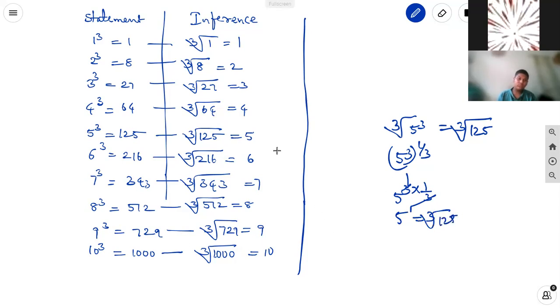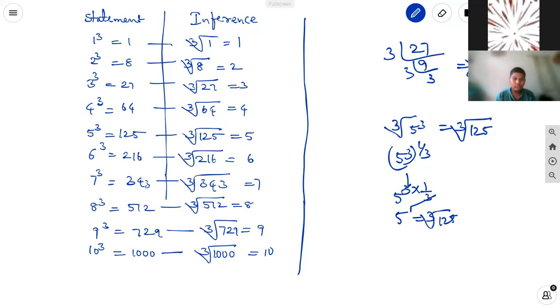In the same way we can do it. Cube root of 27 means we can take the prime factorization. 3 threes are 9, 3 nines are 27, so it is equal to 3 cube equal to 27. 3 is the cube root of 27. Like that. The next exercise we go through that only.